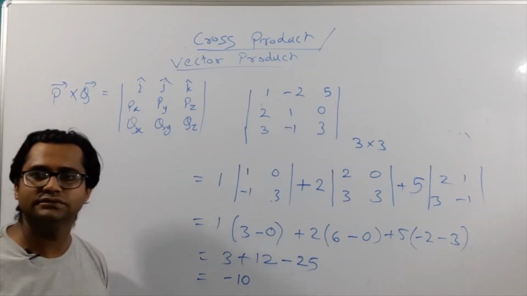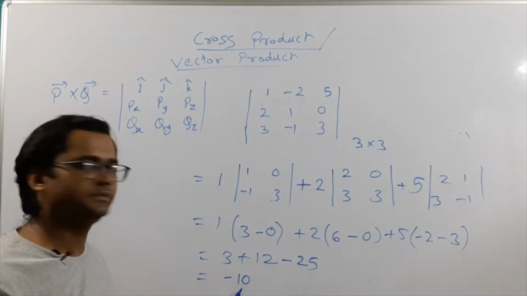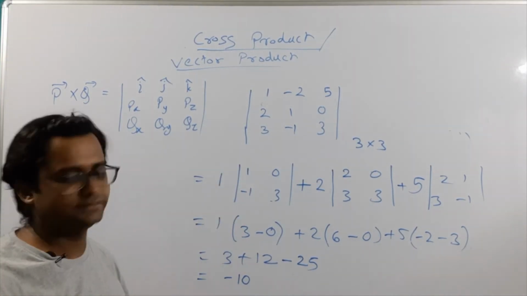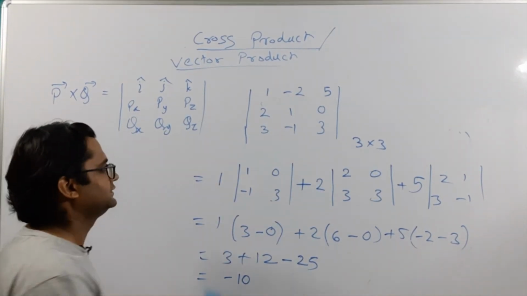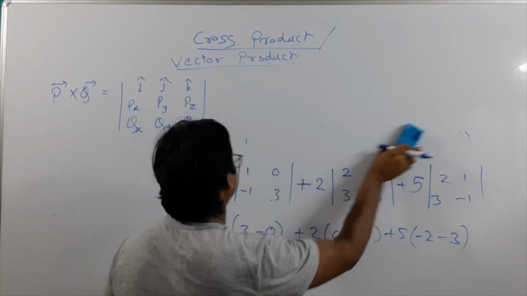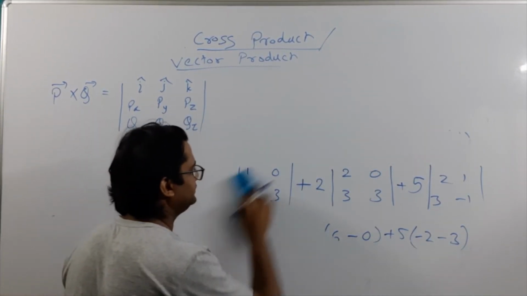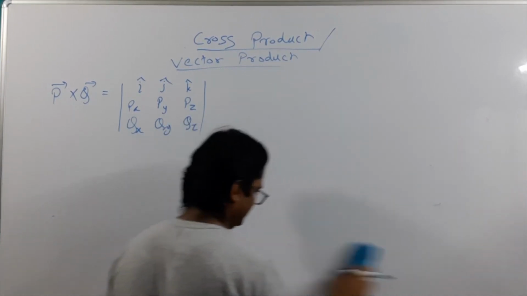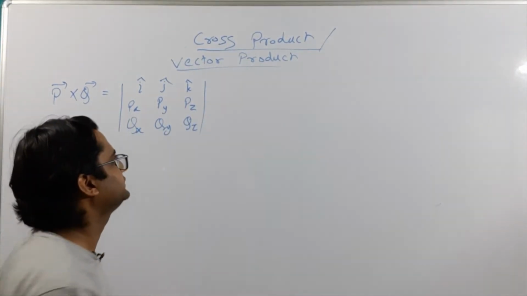Okay, so this is how we find the determinant of this kind of determinant. This is a 3 by 3. For practice, now you can solve one more determinant. Let me give you one more determinant, an easy one.